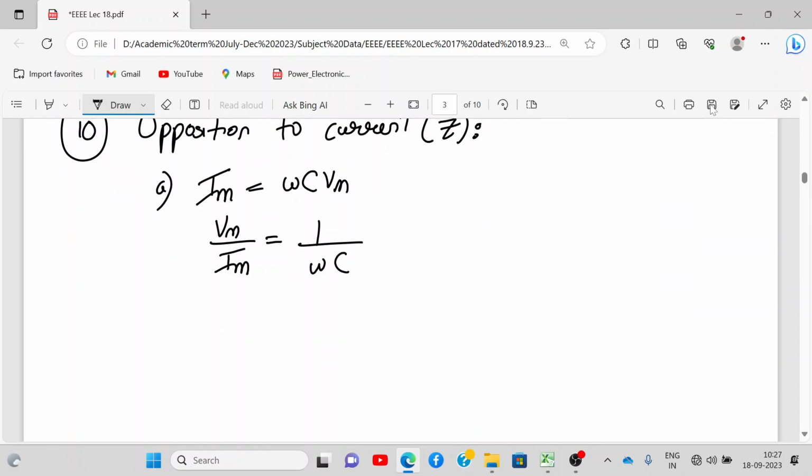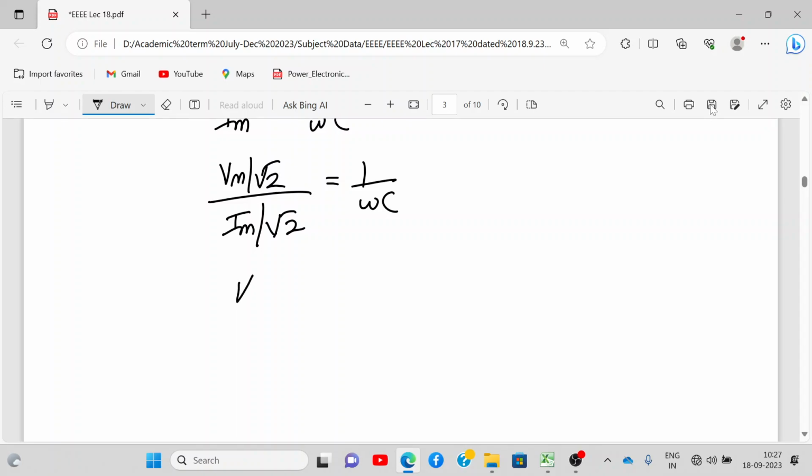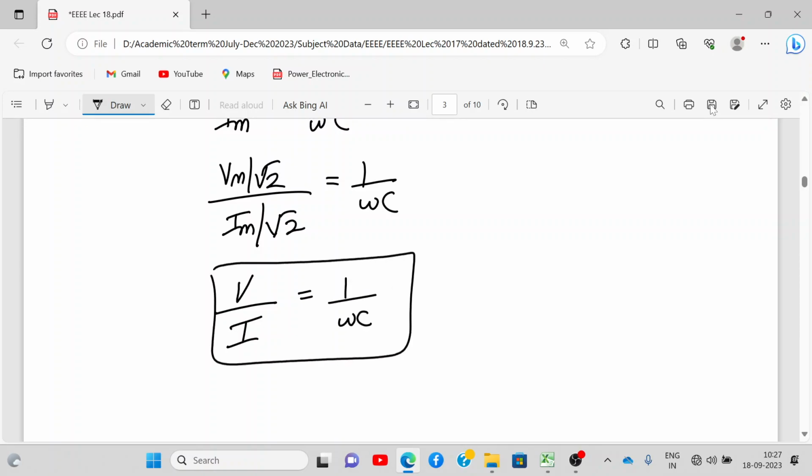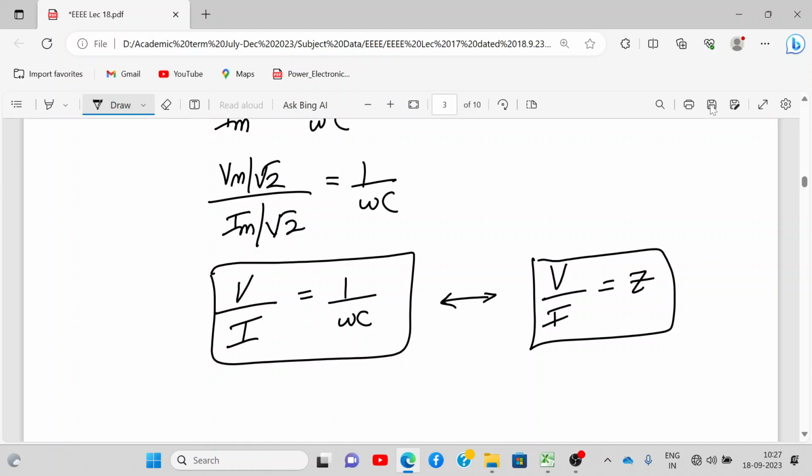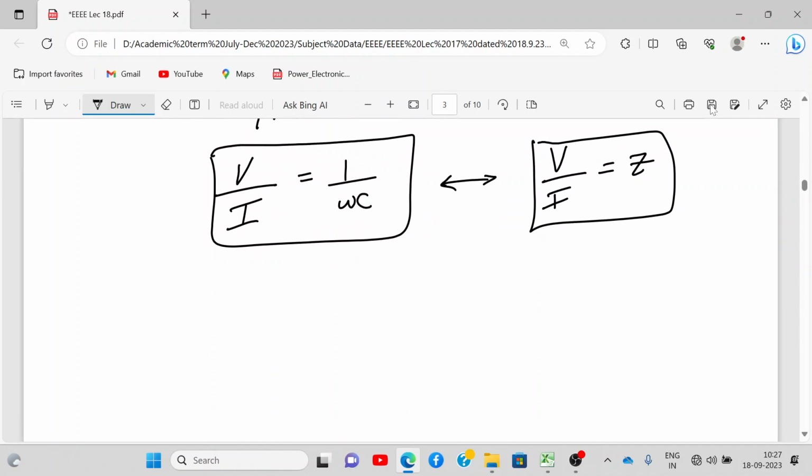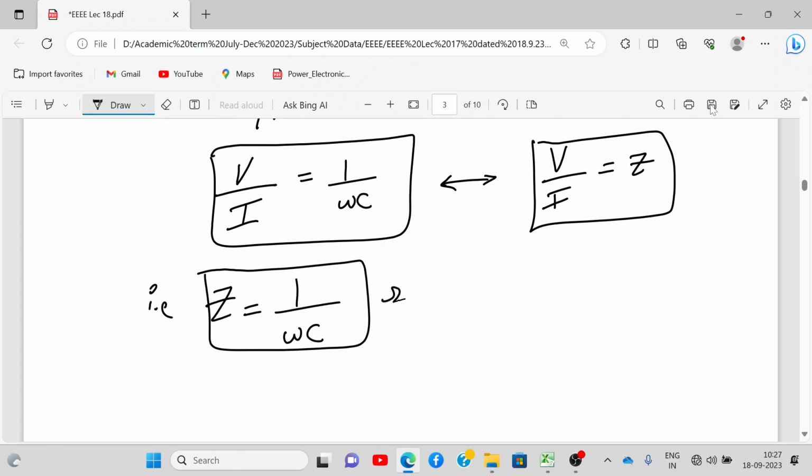So we can write it as Vm by root 2 upon Im by root 2. What it is? 1 upon omega C. What is Vm by root 2? Vrms. And what is Im by root 2? Irms. So V upon I will be 1 upon omega C. And in an AC circuit, what is V upon I given as? Z. Okay. So what will be impedance over here? In this case, in a capacitive circuit, Z will be 1 upon omega C ohms.